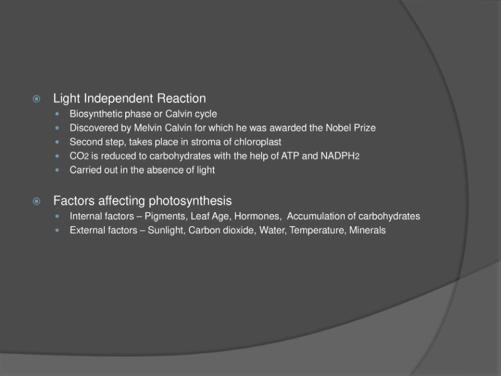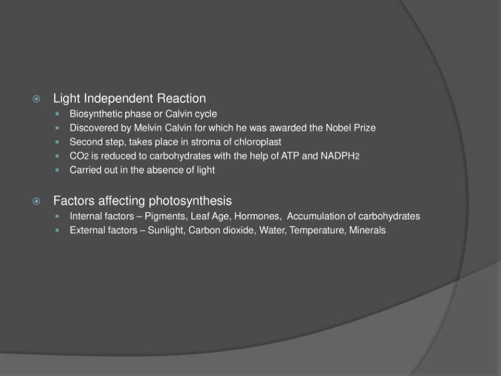This takes place in the thylakoid membranes of the chloroplast. Once this conversion happens, these molecules move from thylakoid to stroma. Next is light independent reaction. For this reaction, sunlight is not required. Carbon dioxide from the atmosphere is getting reduced to carbohydrates with the help of ATP and NADPH2.